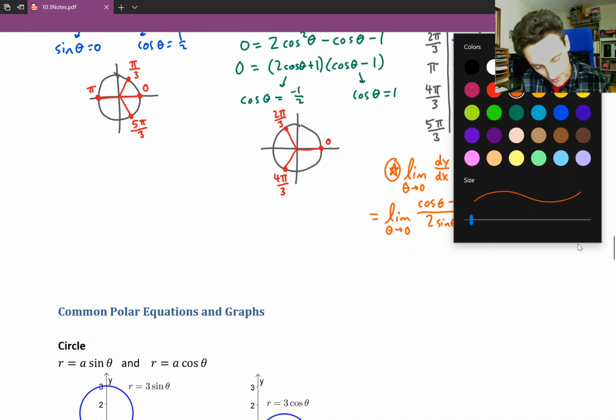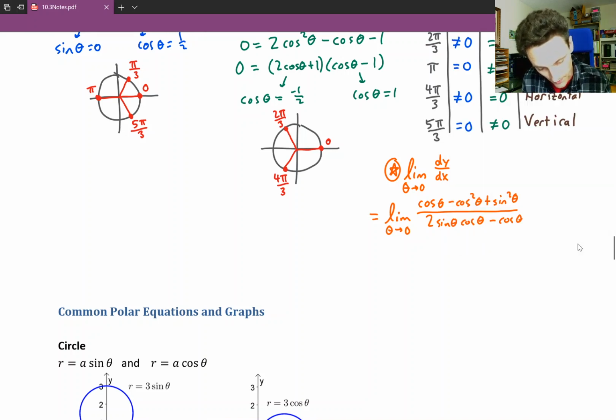Now for this we're going to have to use L'Hopital because this is a type 0 over 0 limit. So we're going to use L'Hopital, again, because this is a 0 over 0 type limit.